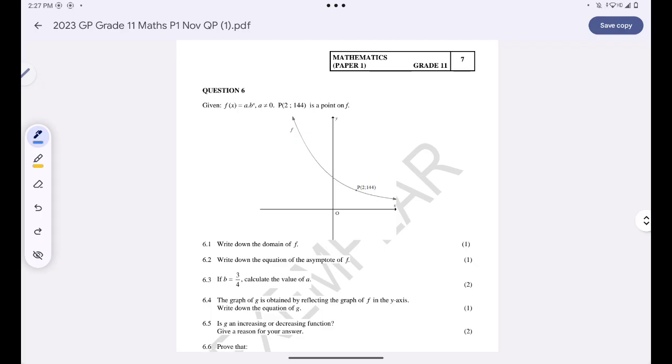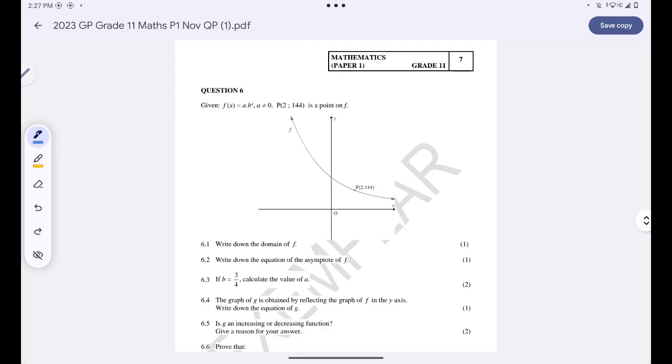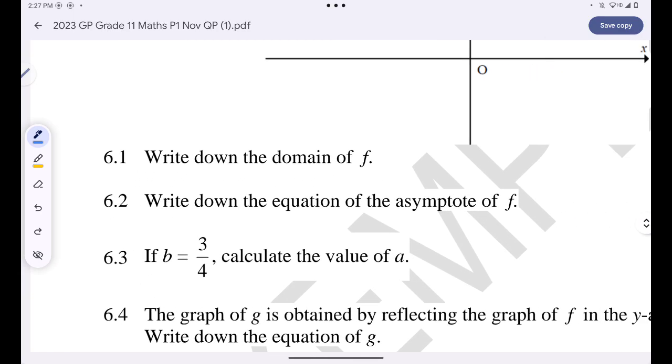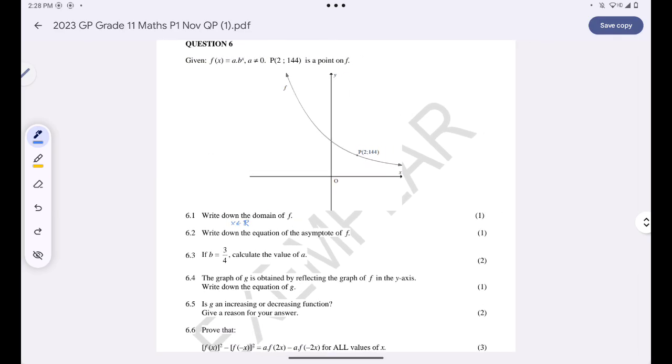We are given the graph of f, and then we are being asked to write the domain. Just know that the domain of an exponential function is always x is an element of real numbers, unless your graph has been restricted. But if your graph is not restricted, just know that x is an element of real numbers.